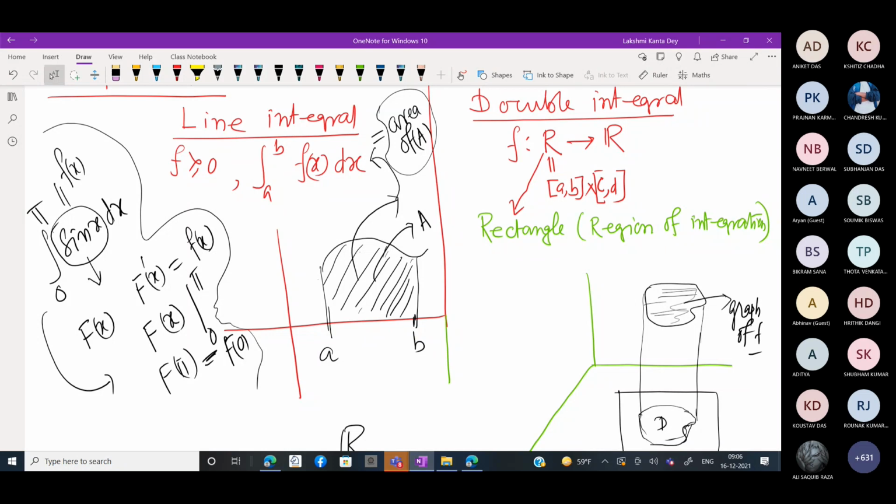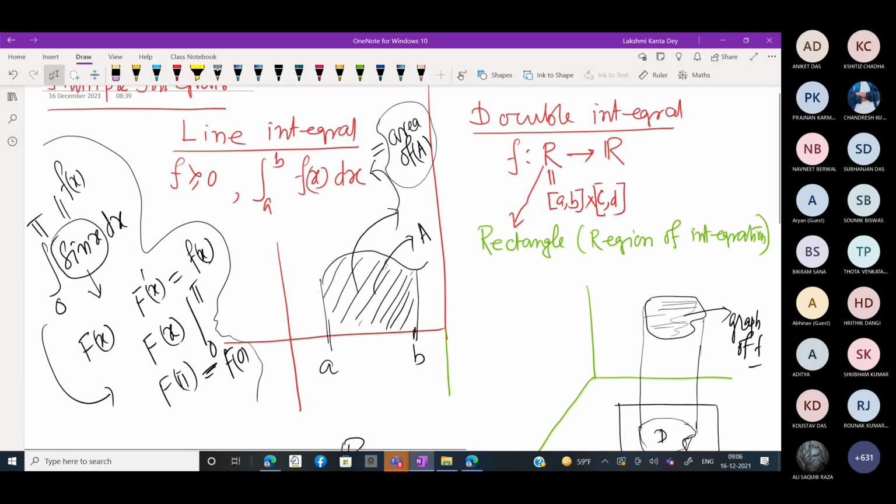Moreover, we assume that the function is non-negative, particularly f is greater than or equal to 0. Why do we assume non-negative? Because initially we look at the function's graph above the xy plane.